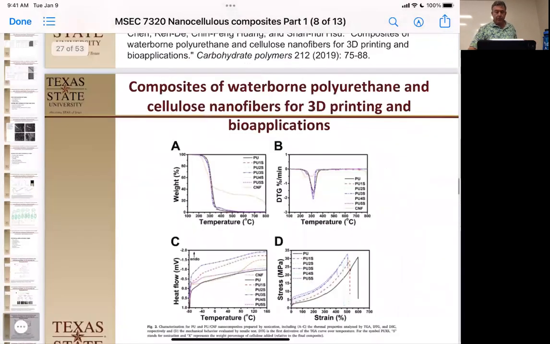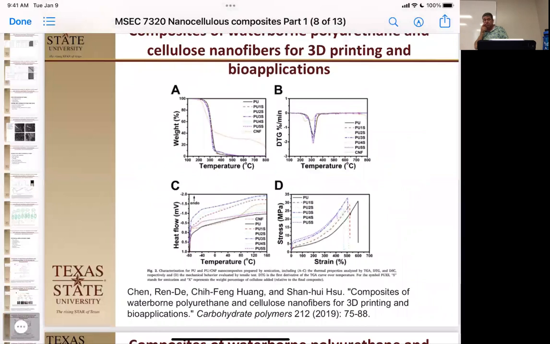And they were able to go through and analyze these, and they looked at their TGA, and of course, it's going to be different from that. But they also looked for their melt and decomposition temperature after printing. So that means they have a use temperature here. It's pretty good. They looked at heat flow.